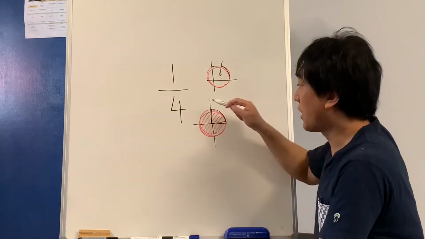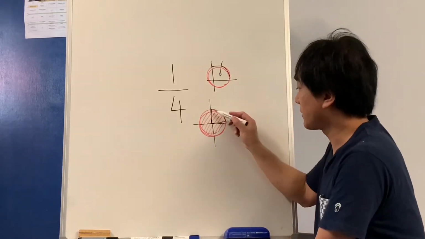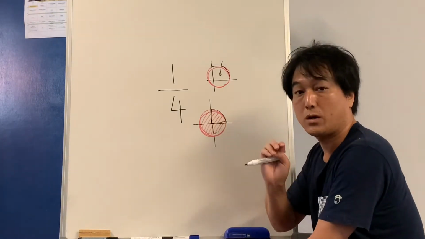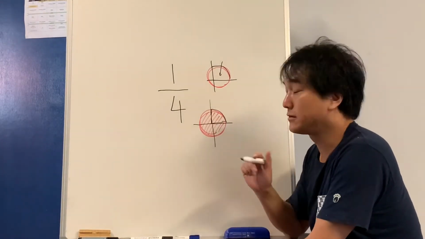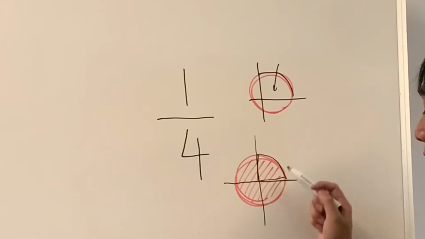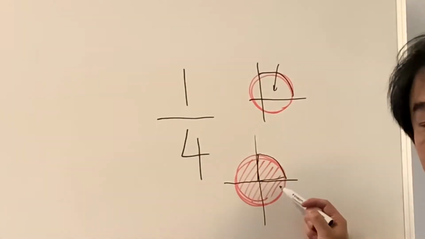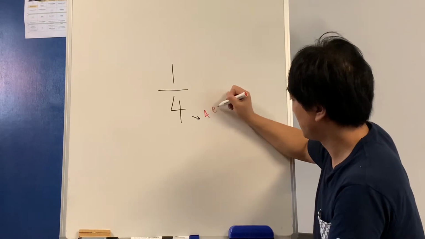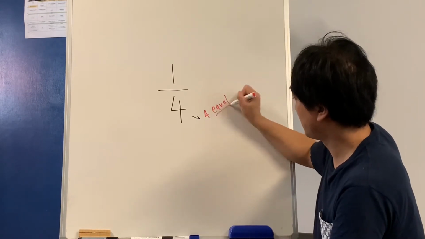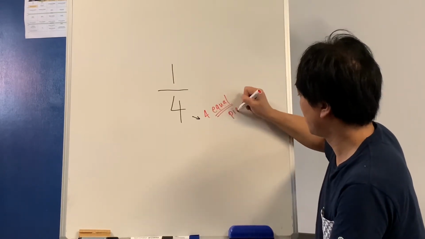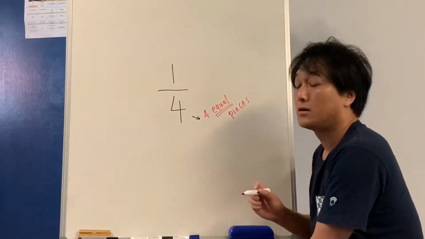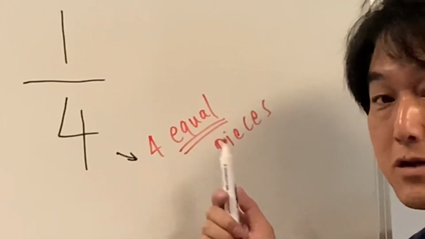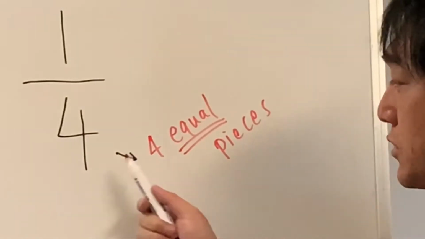Because when you do 1/4, you have to cut the cake into 4 equal pieces. Does it make sense? This is not a quarter. This, hopefully, is 1/4. So we're talking about orange poppy seed cake, so let's keep that analogy.